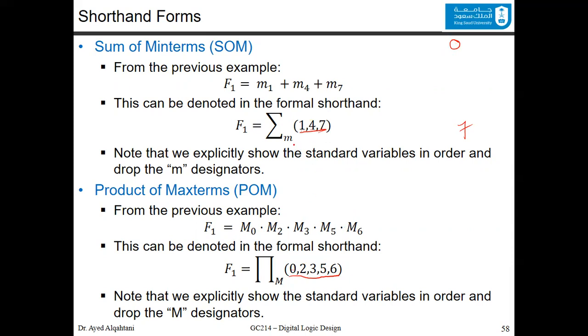For example, in the min terms 1, 4, and 7, the rest, which is 0, 2, 3, 5, and 6, will be in the max terms, or the product of max terms.